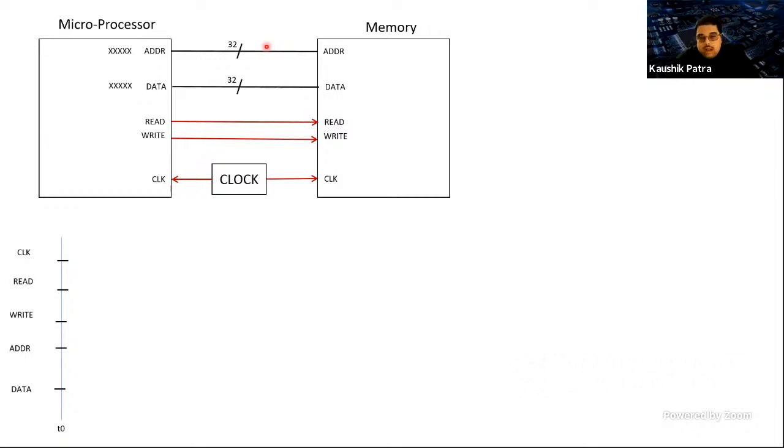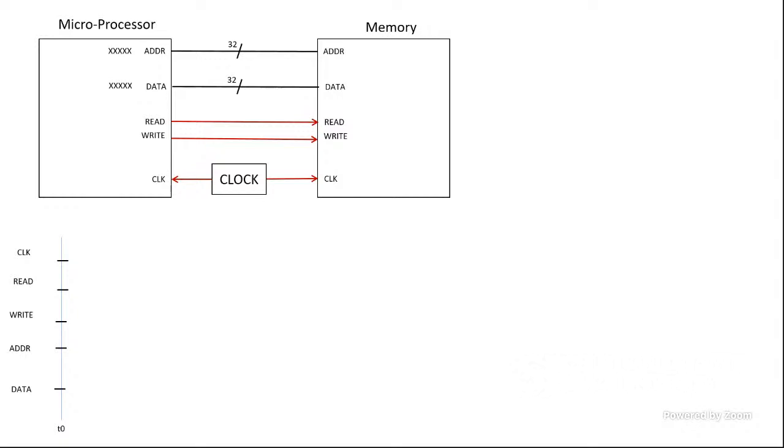Now, from here, let's step into the next time point, T1. After a certain interval, these logic values get changed. Clock goes to 1, write goes to 1, read goes to 0. That is reflected in the corresponding signal field in the timing diagram. Write goes to 1, read stays at 0, clock goes to 1.